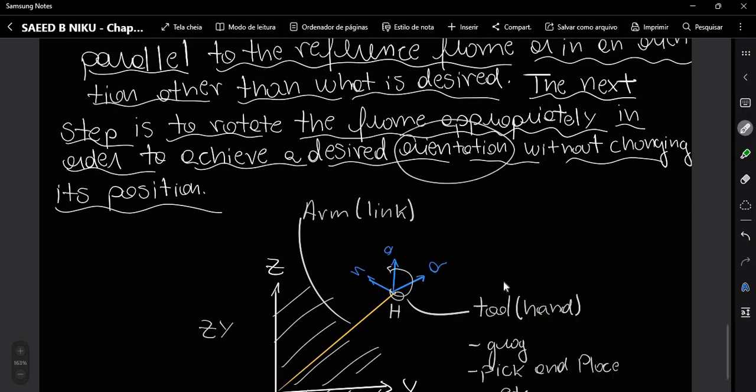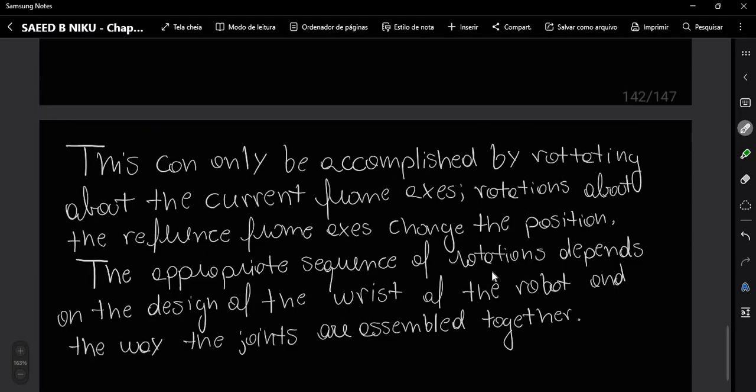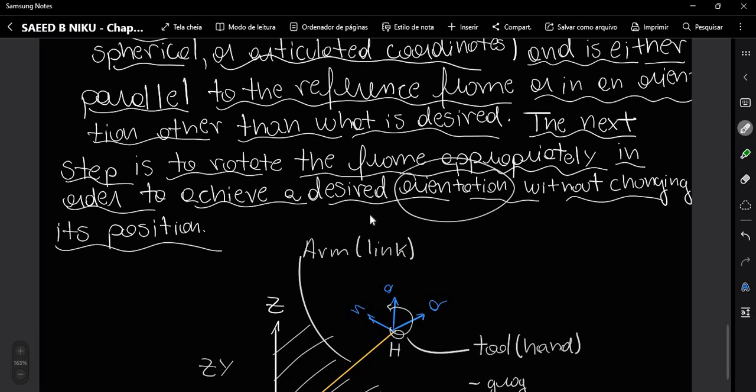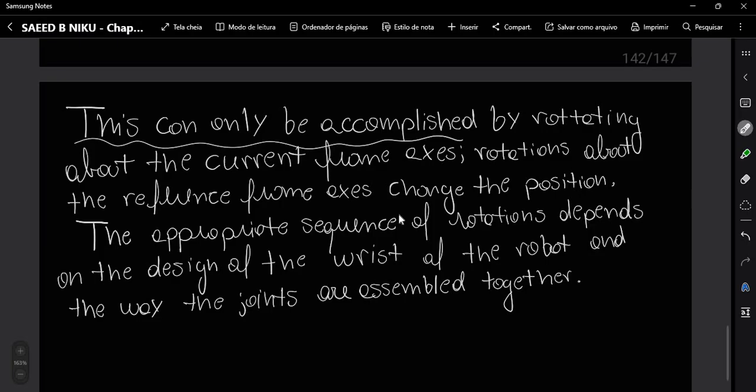So this can only be accomplished, be able to do a rotation on the frame, on the end effector, without changing its position, only the orientation, and this can only be accomplished by rotating about the current frame axis.